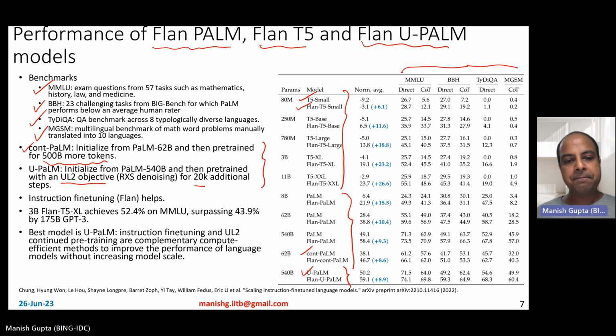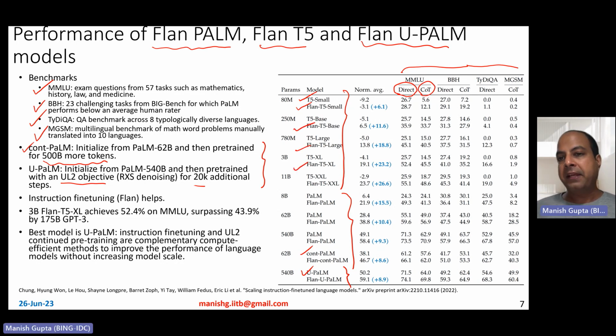Okay. So what are the observations in terms of the overall results? The results are shown when at inference time you directly use the instruction prompt, or you do chain of thought prompting. Of course, you do chain of thought prompting at fine-tune time for everything wherever you see Flan.